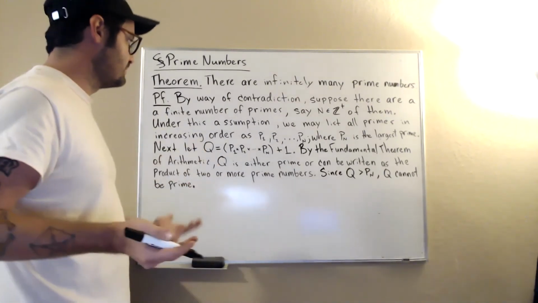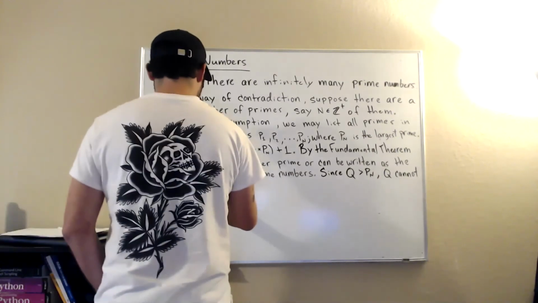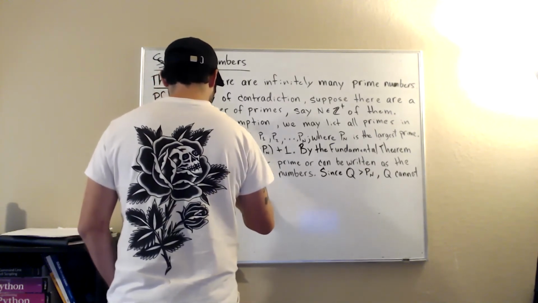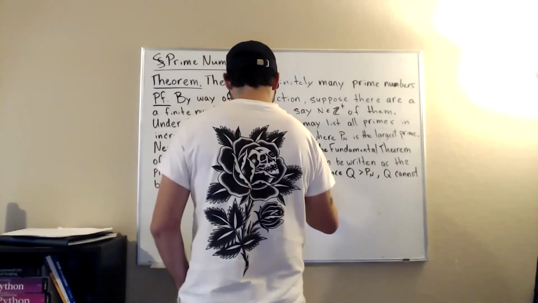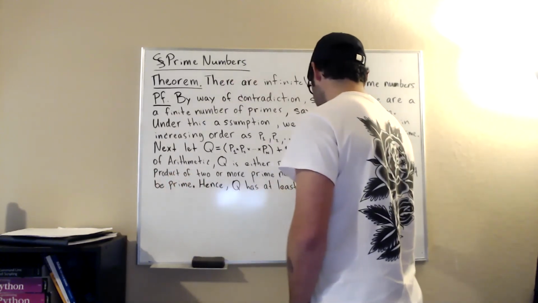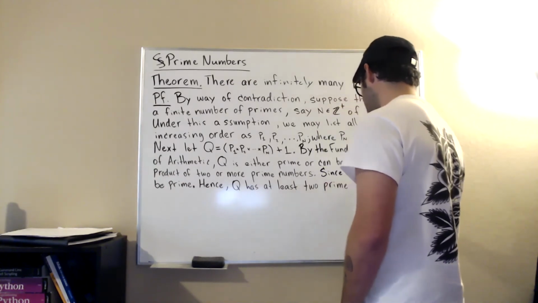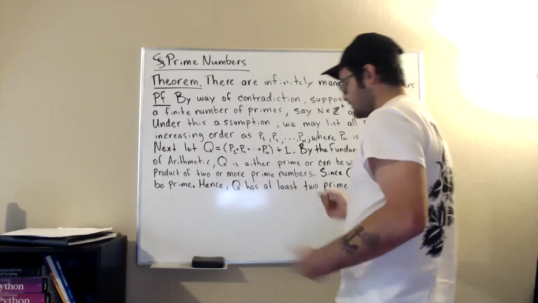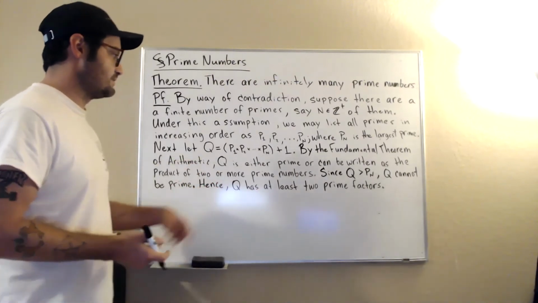Hence, Q has at least 2 prime factors. Okay, so it's a composite, in other words. Q is a composite, it's not prime.